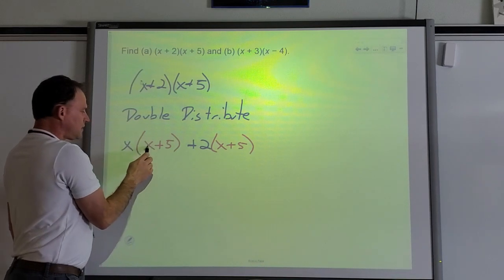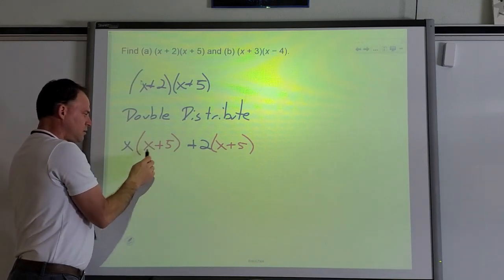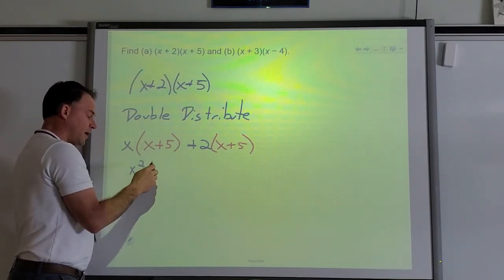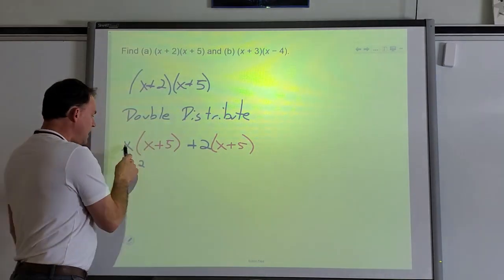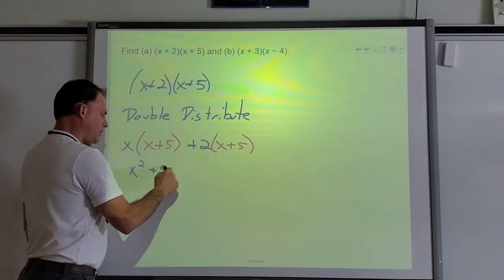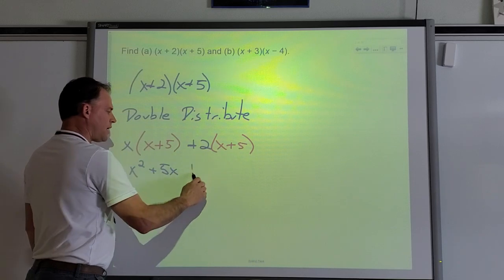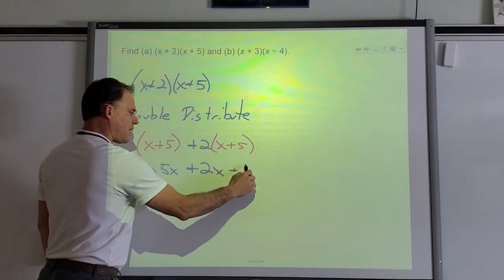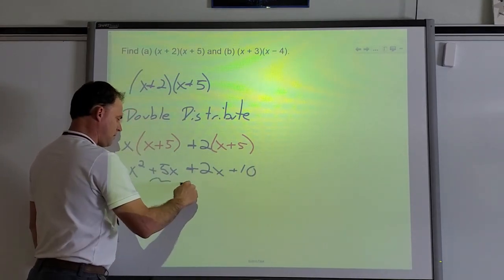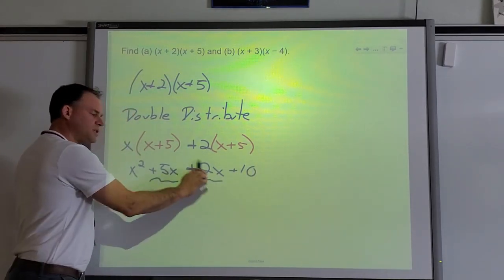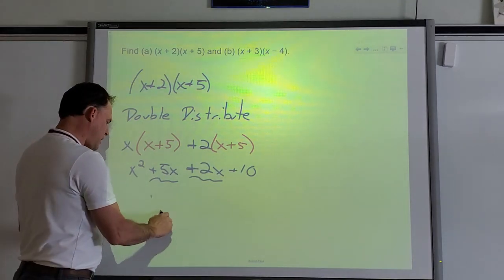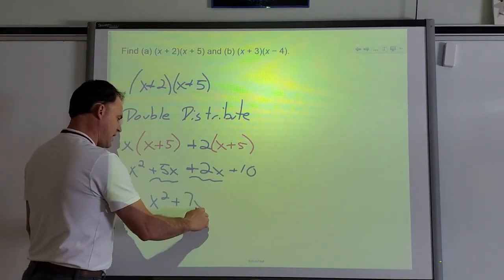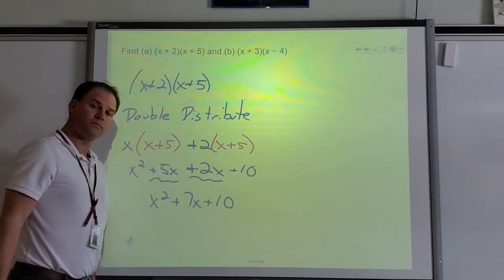So we have x times x is x squared. Remember your exponent rules. X times 5 is 5x. Here I have 2 times x. Here I have 2 times 5. And then we have these like terms. So now I have x squared plus 7x plus 10.